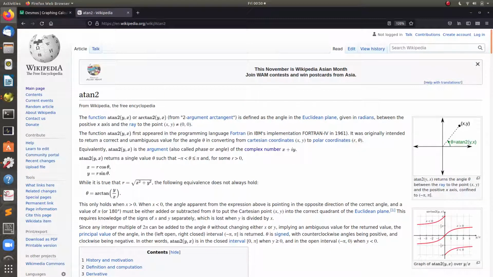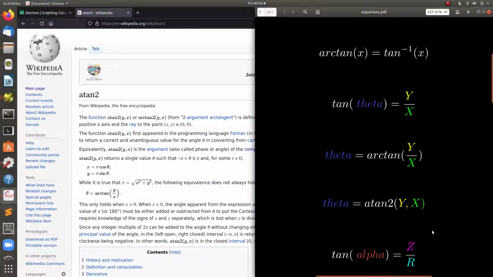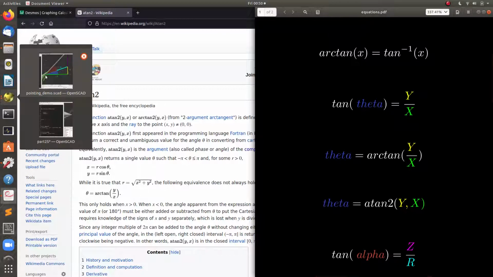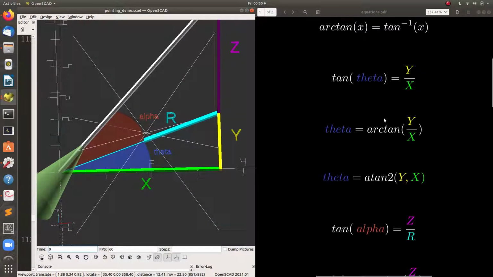So we went through the theta function. For theta, we're going to be using arctan yx.